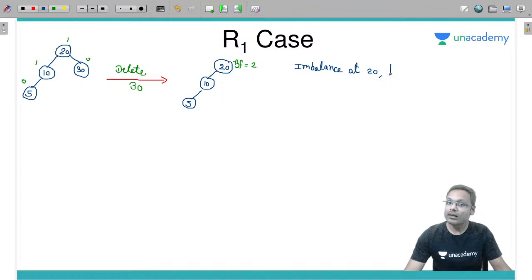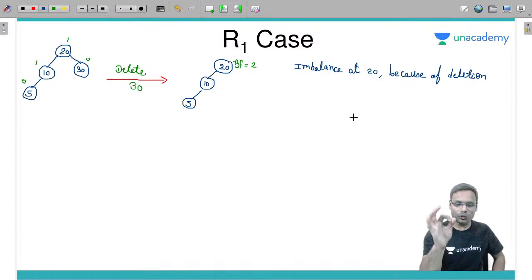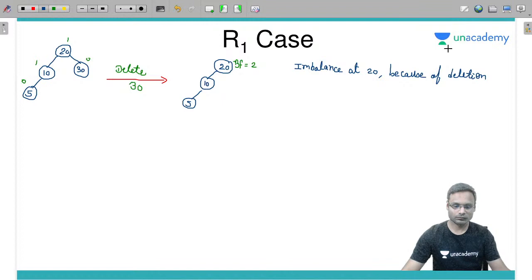Because of the deletion. Which side you have deleted? You have deleted in the right side. Deletion in right subtree of 20.